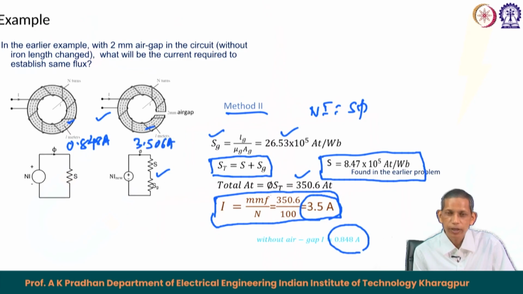So, we clearly see that the current requirement becomes significantly high with the introduction of the air gap, and the reason behind this, from the HL turn perspective, is that the HL drop here is significantly high compared to the HL drop in the core part. From the phi into S perspective, S of the air gap part is much higher, so the drop here is also much higher. That is a series combination of two S, S core and S gap, and that leads to the requirement of more MMF to be provided from the source, and therefore the current has to be increased because the number of turns remains 100 in both the cases.